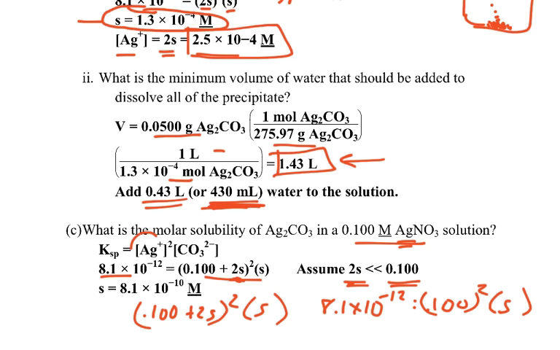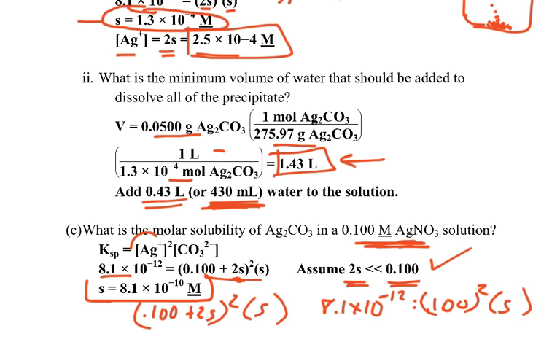It's not going to change our answer very much. And so we're going to divide by 0.1 twice. That's going to be 8.1 times 10 to the minus 10 equals solubility, and that's where this answer is coming from. So we're finding out that the solubility in a solution that already has silver ions will be 8.1 times 10 to the negative 10.